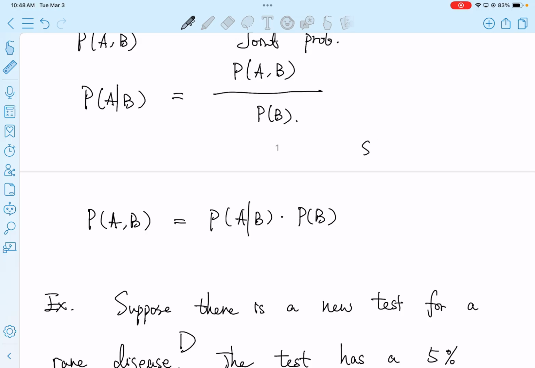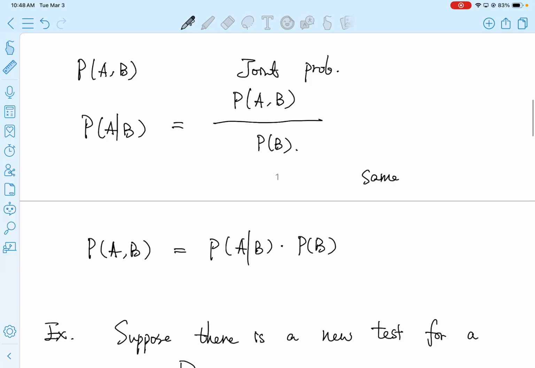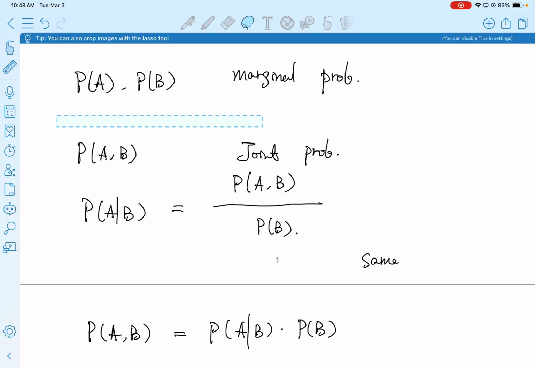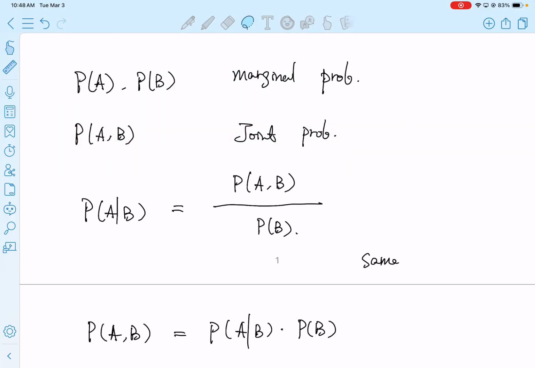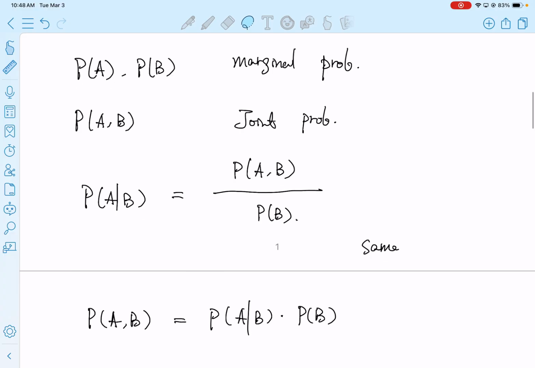These are exactly the same formula, I'm just rearranging the order. The conditional is equal to the joint divided by the marginal, but when you move around the terms, the same formula also gives you the joint is equal to the conditional multiplied by the marginal. The second formula is the one we are going to use in our second step. Again, the joint is equal to the conditional multiplied by the marginal.